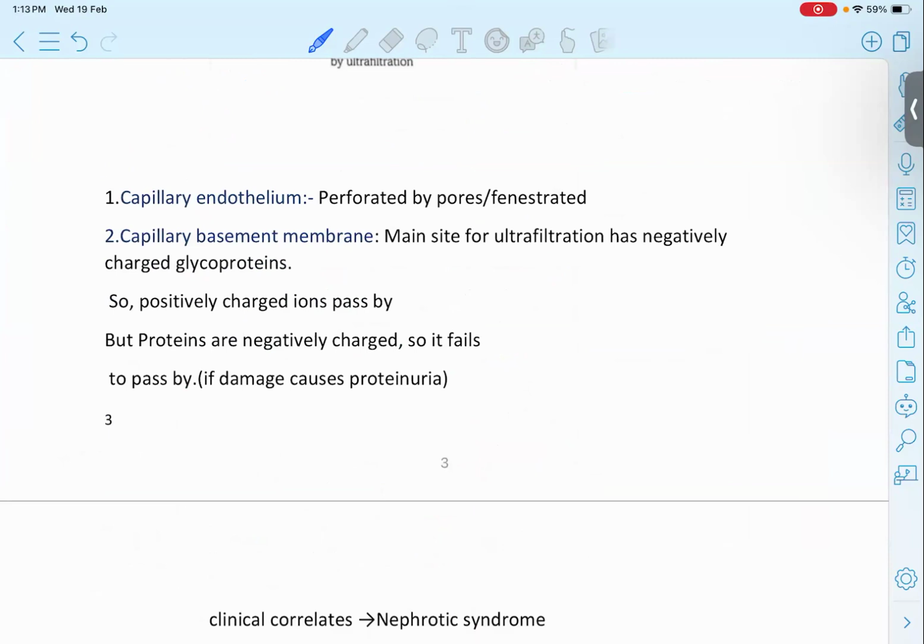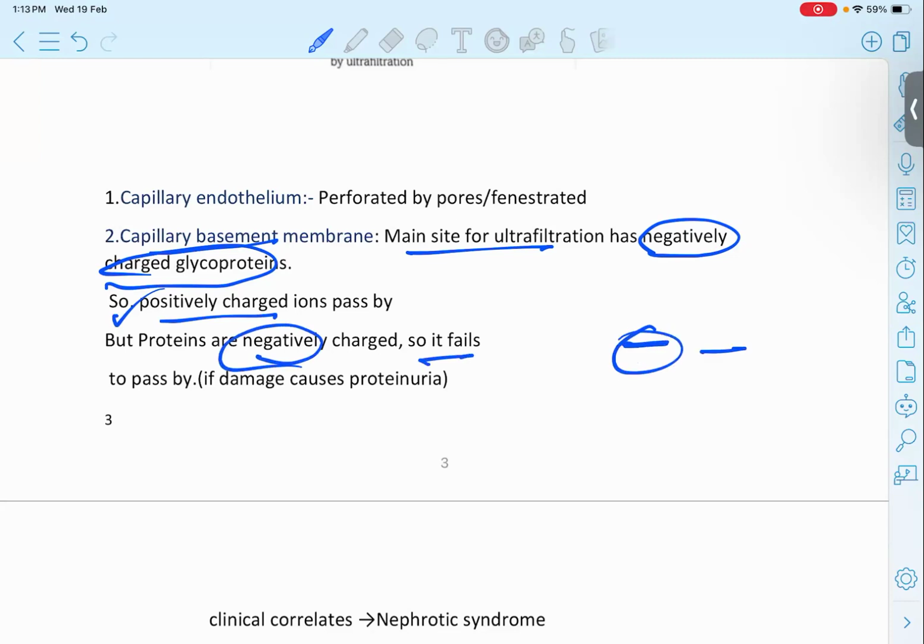Another thing about the basement membrane is that I told you it is formed by negatively charged glycoprotein. This basement membrane is the main site for ultrafiltration. It actually works like a filter paper. As it has negatively charged glycoprotein, positively charged ions can pass by, but negatively charged ions cannot, because negative and negative will repel.